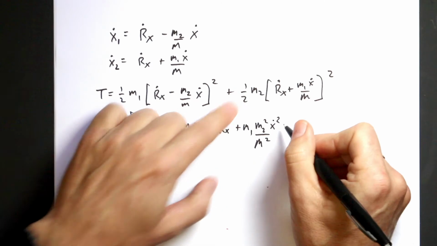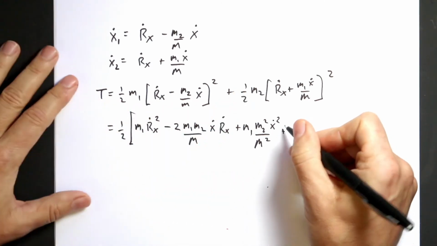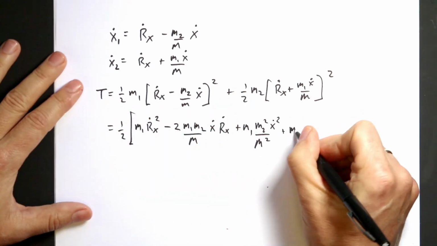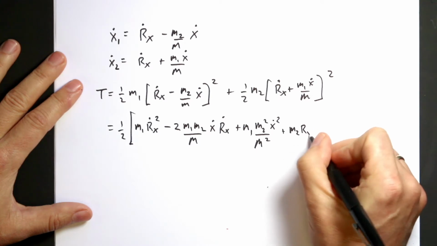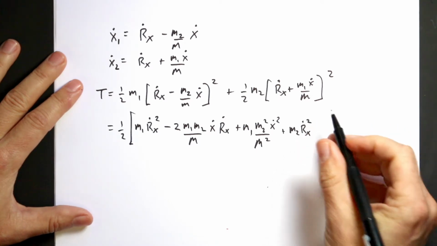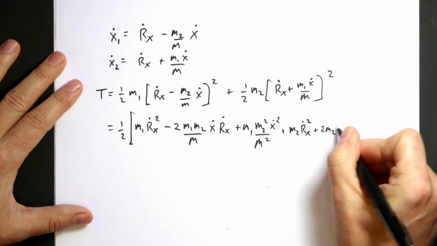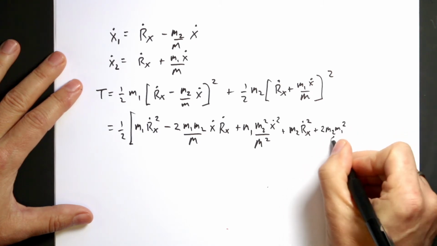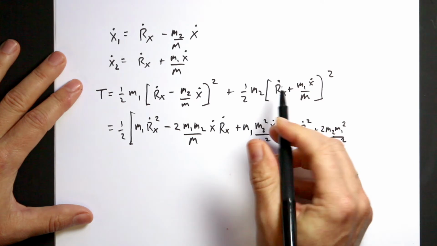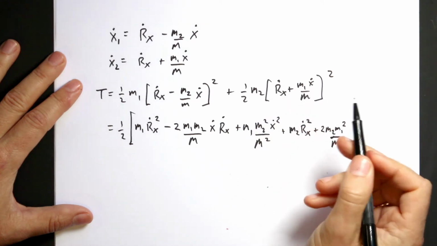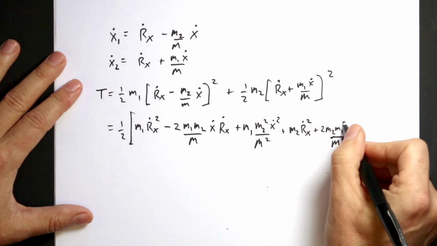Now I need to do this term. I have the half all the way out over here, so I get m2 Rx dot squared plus 2 m2 m1 squared over M squared. Remember, I have to square that. No, that's not squared.